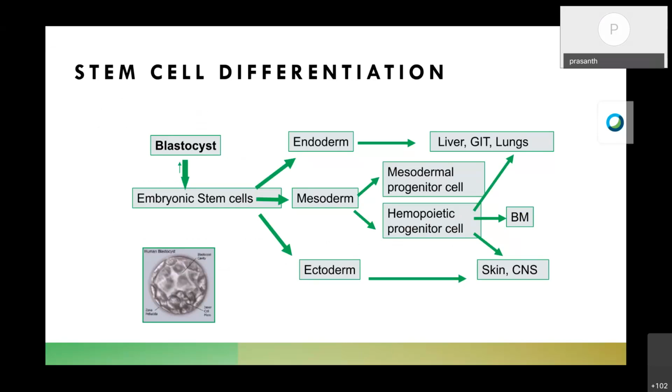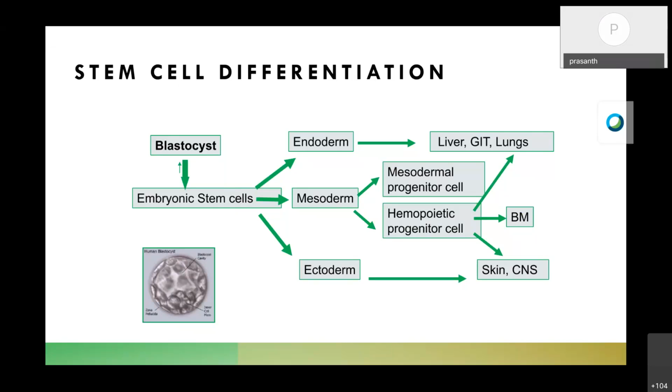So when we talk about stem cell transplantation, first we must understand what these stem cells are. As we know, the embryonic blastocyst divides into multiple embryonic stem cells, which differentiate into the endodermal, mesodermal, and ectodermal components.